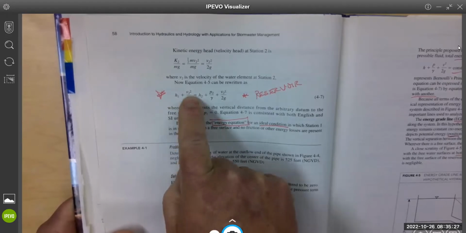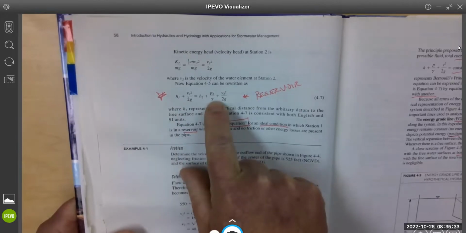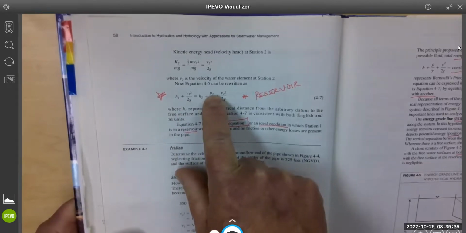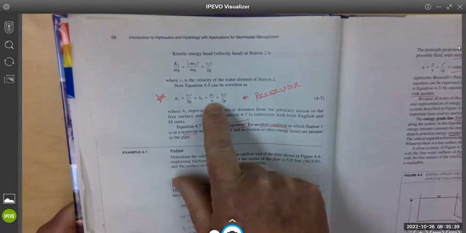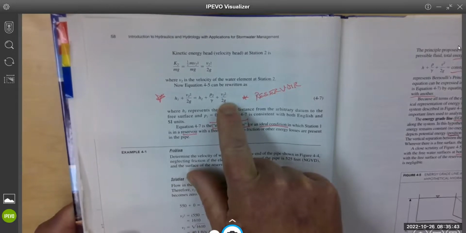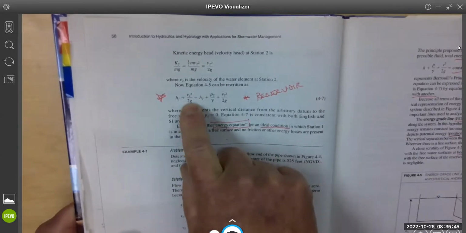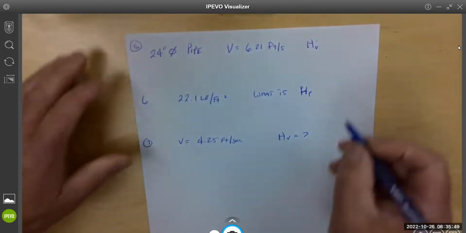The second statement, velocity squared over 2g, velocity head. P2, that's not P squared, that's P2, over the specific weight. That will be your pressure head, and then this is also another velocity head. So velocity head is V squared over 2g.